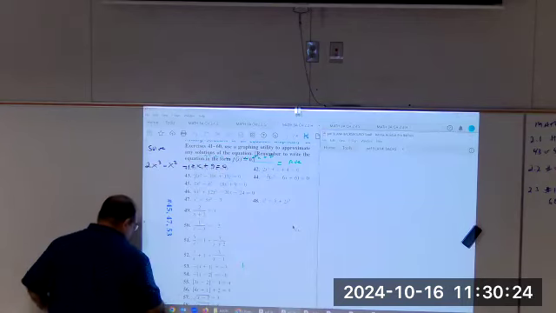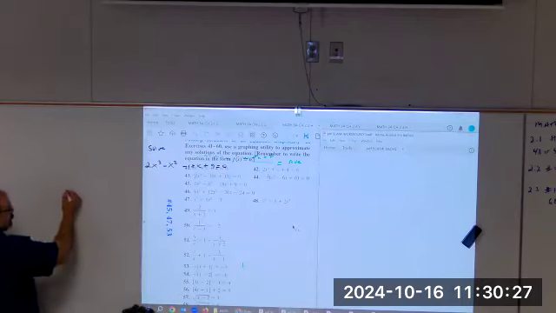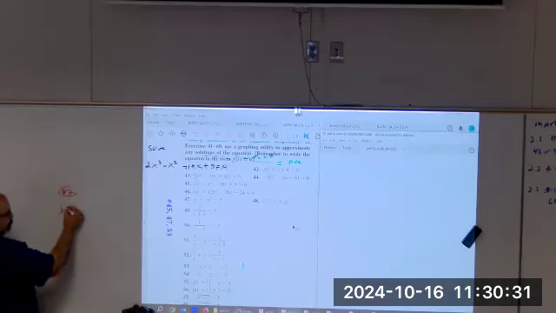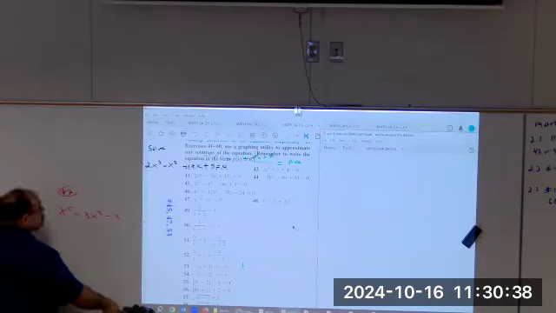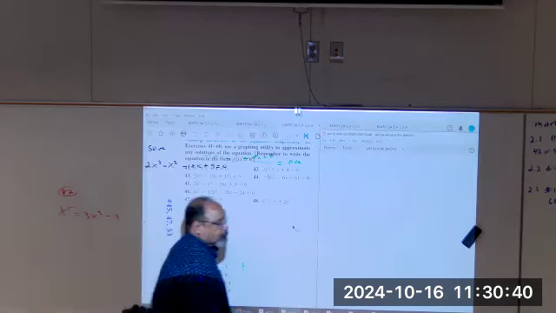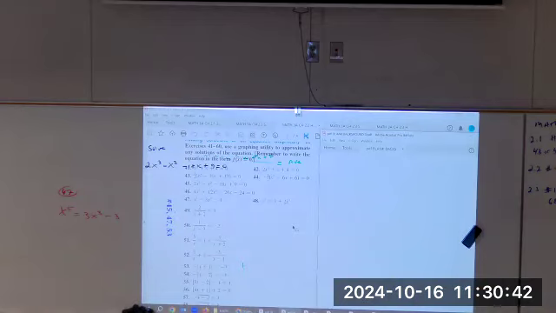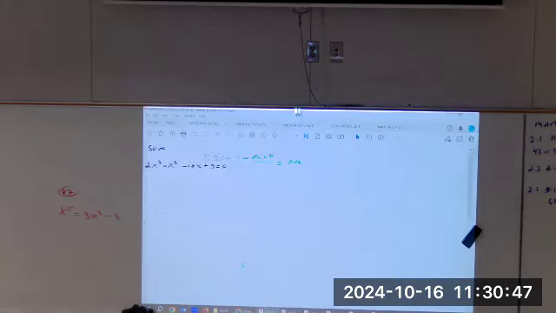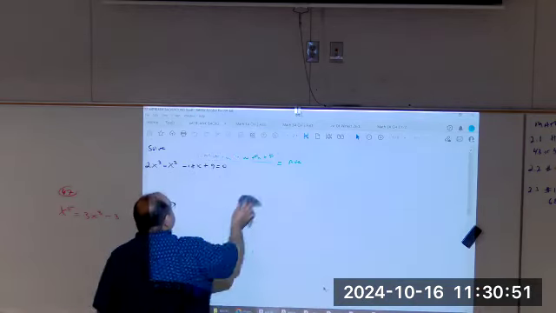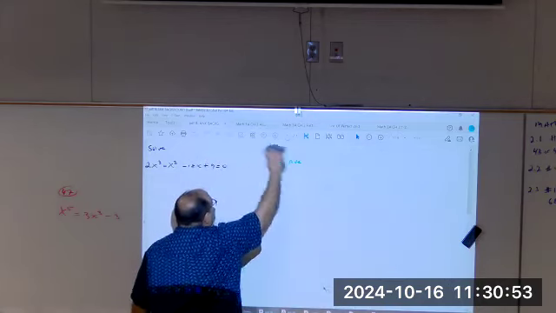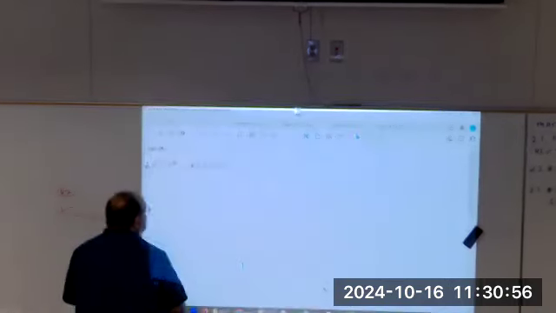And just a quick sidebar here on 47, the difference. In the directions, they say remember to write it as a function and then let it equal 0.